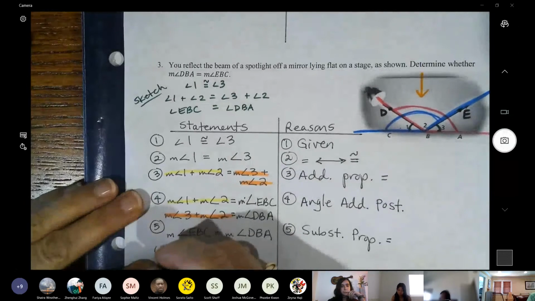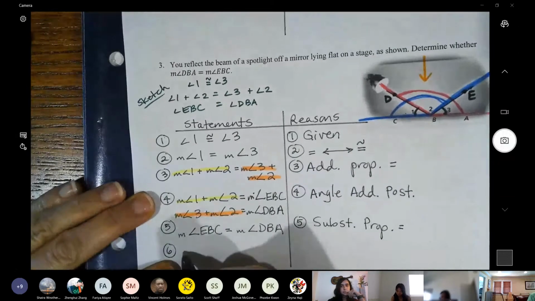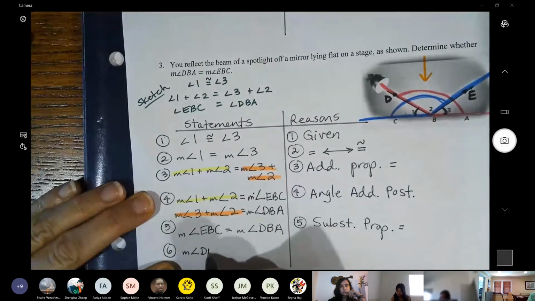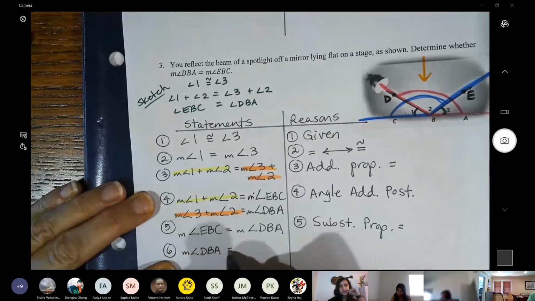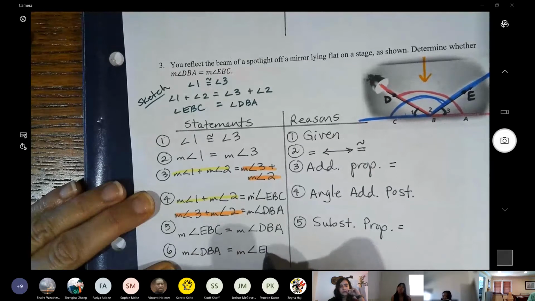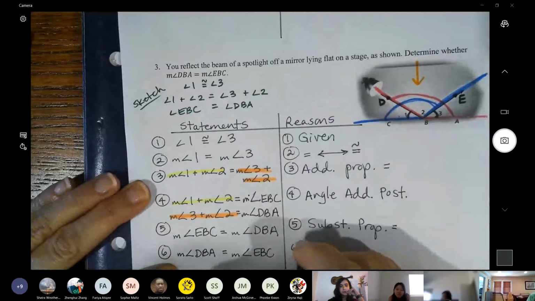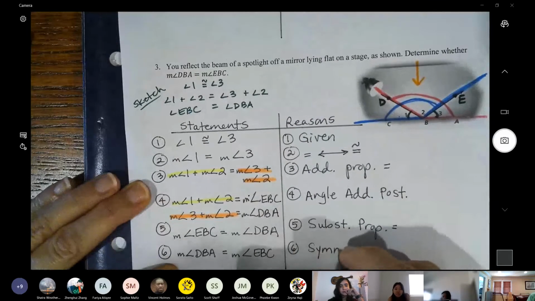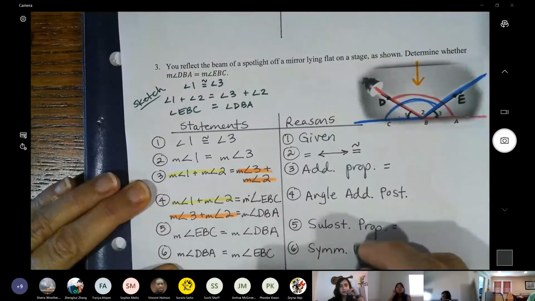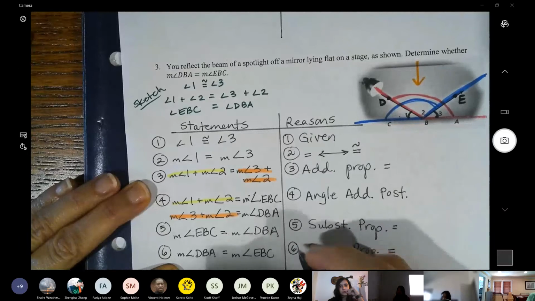It's almost overkill, but again, you know you're done when your statement exactly matches what you are given up here to prove. So I would probably add it. Symmetric property of equality.